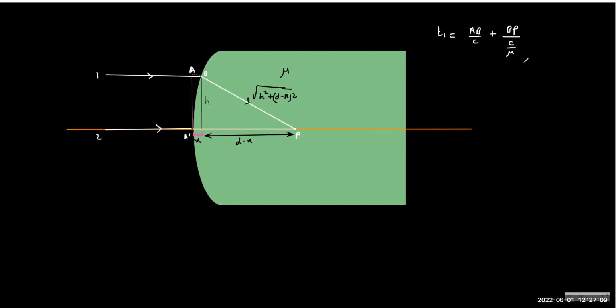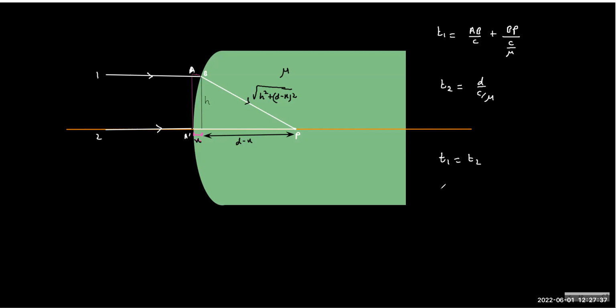If you enter the medium, it decreases, right? And T2, the light ray will travel the entire distance D by C by mu. And to form the image, the light rays must reach at the same time. So by equating T1 equals T2, only then will the image be formed.